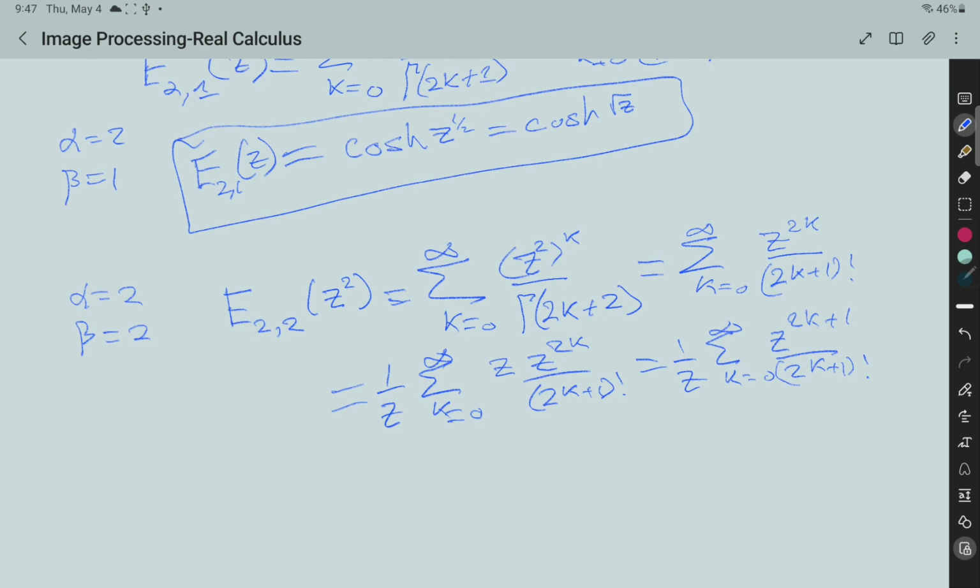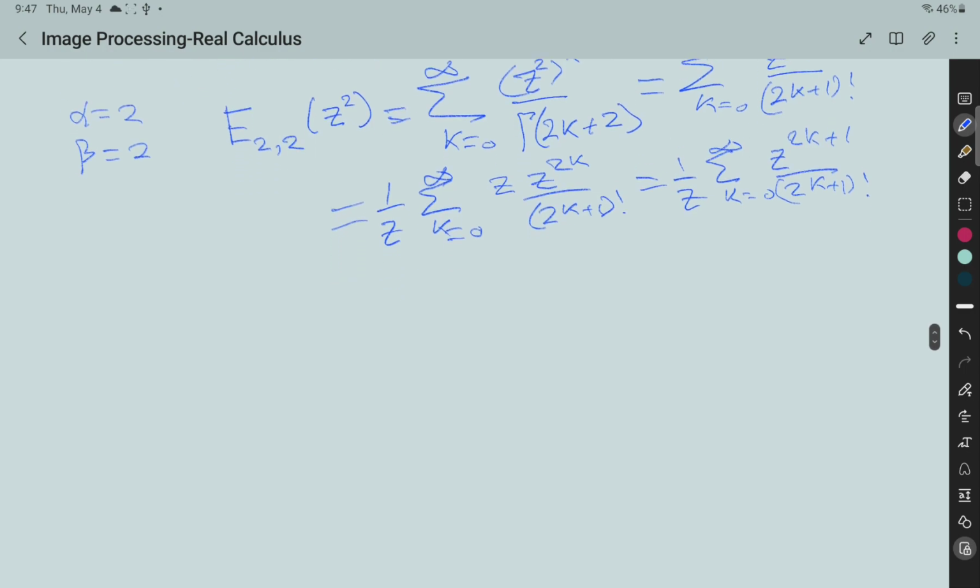Since the form is the same in the denominator compared to the numerator, this is going to equal the hyperbolic sine. So 1 over z times the sinh of z.